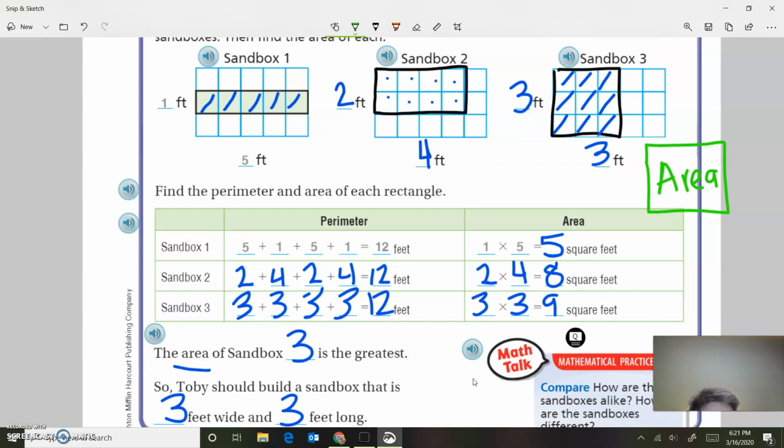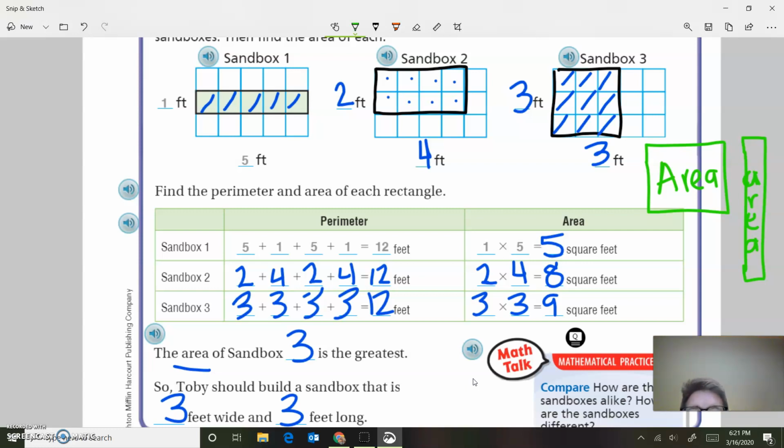So just think about this. Long and skinny might be the same amount of wood, but it's going to have a smaller area. So you're always going to try to maximize your area by making things more square.